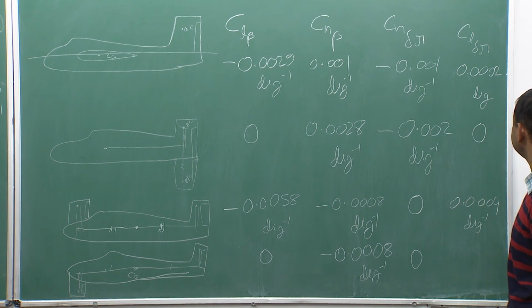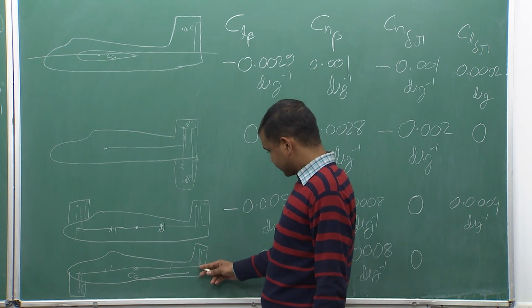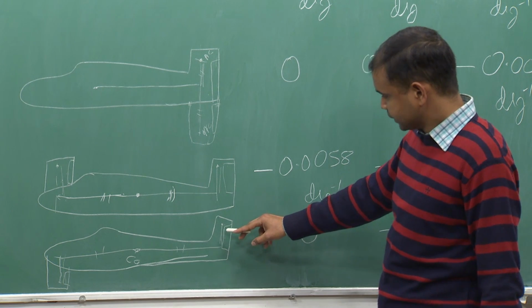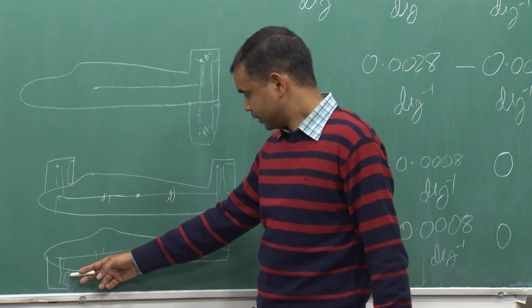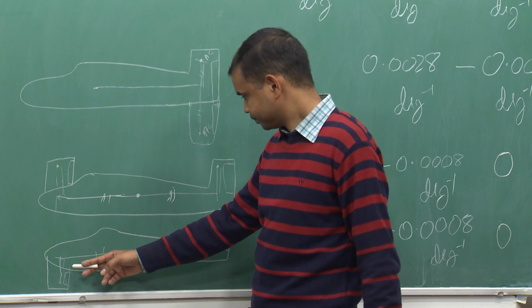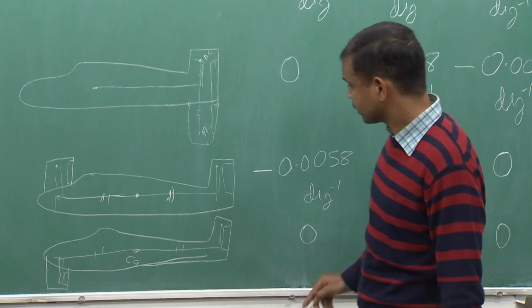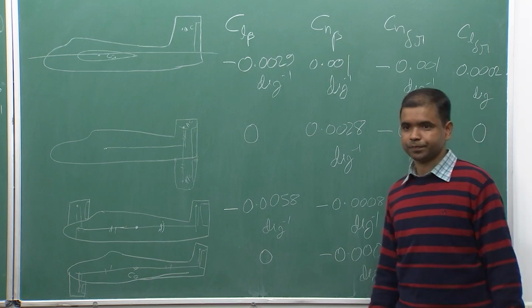Now, the Cl delta r for the positive deflection of the rudder, this surface has tendency of the positive roll, this will have a tendency of the negative roll. So, the net rolling moment coefficient will become 0.